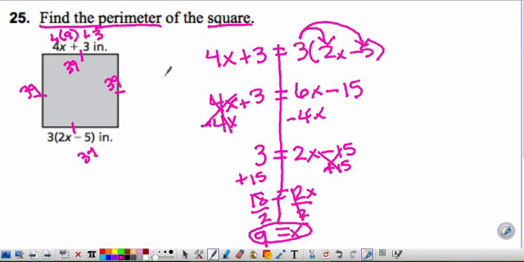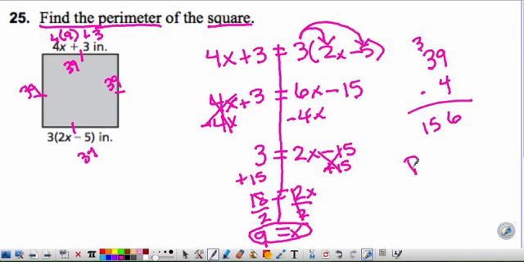Perimeter means add all the sides. So now that I know that all the sides are 39, I can say 39 plus 39 plus 39 plus 39, or 39 times 4. What's 4 times 9? 36. What's 4 times 3? 12. And 12 plus 3 is 15.